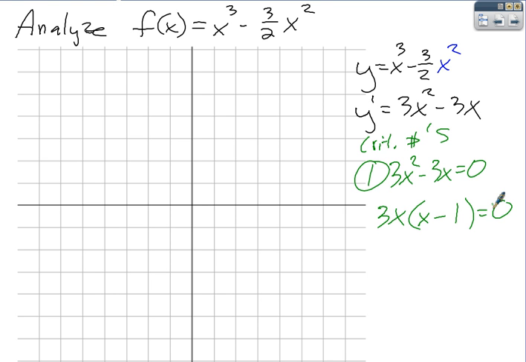Okay, so my solutions are then either x equals 1 or 0. Sure, I've got the factor 3x. 3x equals 0 when x is 0. x minus 1 equals 0 when x is 1, right? Okay, so now those are our two critical numbers. Those are potential relative extrema.